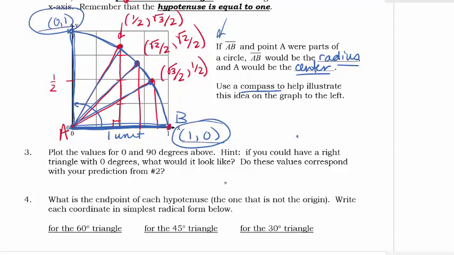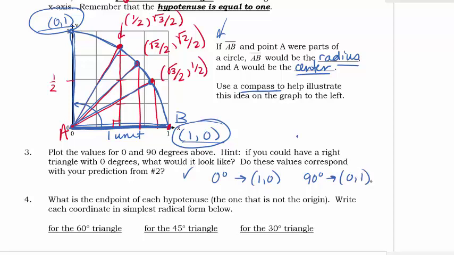Okay, so if we're going to answer number 3, I think we're in good shape because if we treat this as a quarter of a circle in quadrant 1, we've got our radius and our center, and our 0 degree angle would correspond with the point 1, 0. And our 90 degree angle would correspond with the point 0, 1.